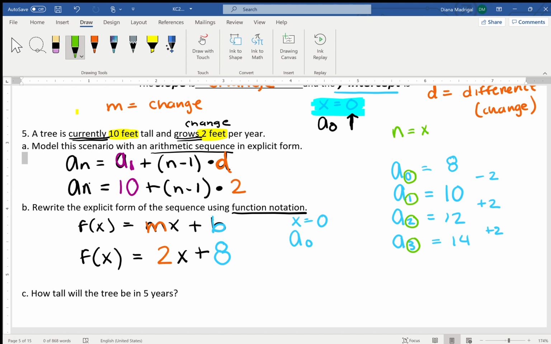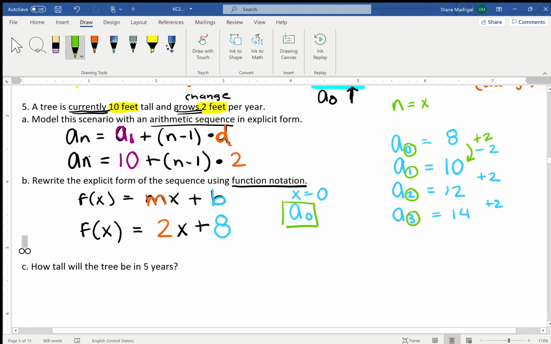So all you need to really find out for the function notation is your a_0. You can do that once you know your a_1 for the arithmetic sequence. Once again, 8 plus 2 gives me 10, so it follows the sequence. So for the function notation, I have 2x plus 8.